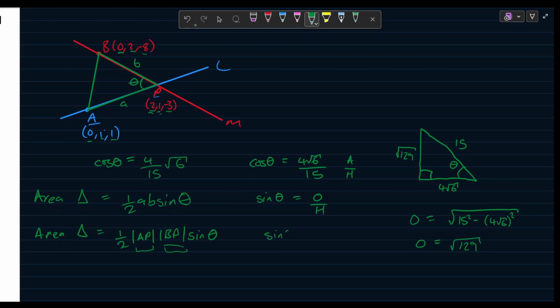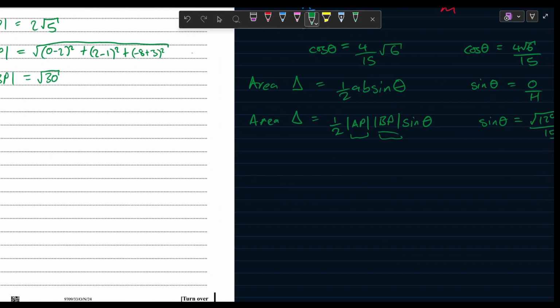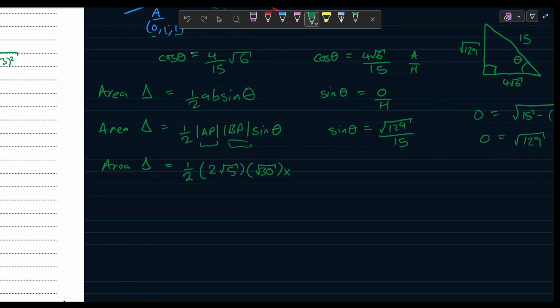So sine theta is root 129 divided by 15. So now we've got all the bits and pieces of information that we need to find our area. So the area of a triangle is equal to half times AP, which is 2 root 5, times BP, which is root 30, multiplied by sine theta, which is root 129 over 15.